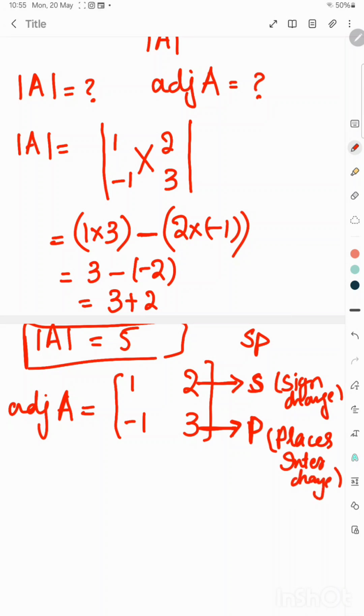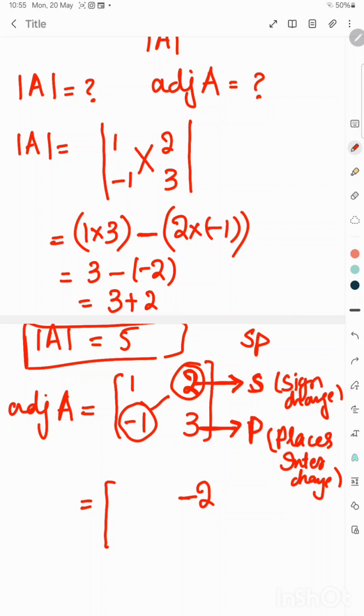So what does this mean? Sign change: we write S with this number 2. So it means that we have to change the sign of this number and also the number opposite to it. That is, we have to change the sign of these two numbers. As it is plus 2, it will become minus 2, and the number opposite to this 2 is minus 1.